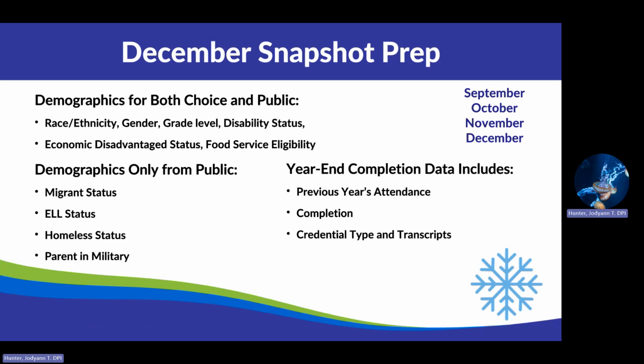The data that is collected for demographics does differ between choice and public school. The demographics that are required for public school will only include migrant status, ELL status, homeless status, and a parent in the military. The year-end completion data will include the previous year's attendance, completion, and the credential type and transcripts.